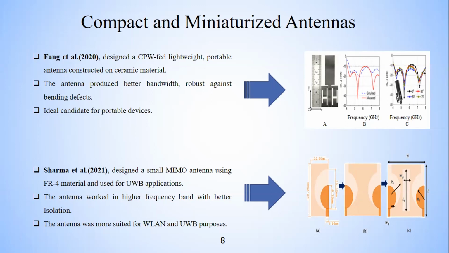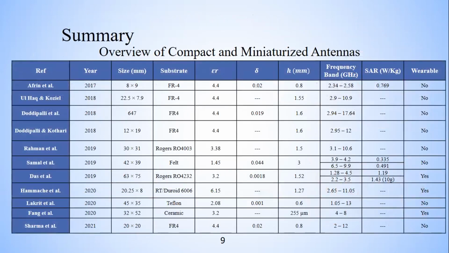I mean, when someone sends a signal, another one can receive without interference between them. The antenna worked in a higher frequency band with better isolation, and the antenna was suited for wireless LAN and ultra-wideband purposes. Here is the summary of the works that I have presented.